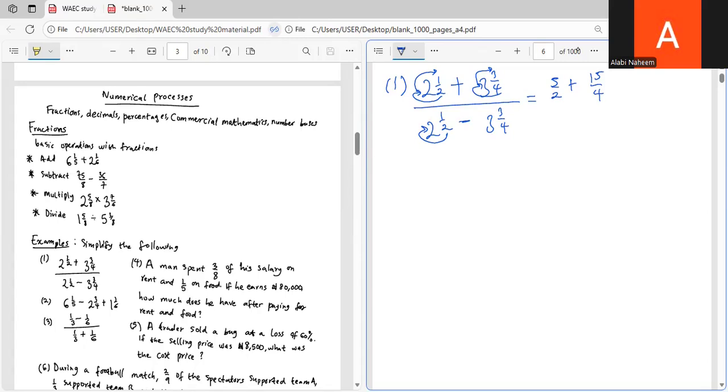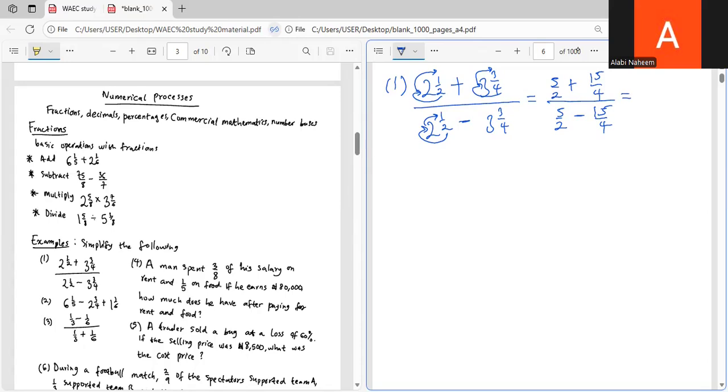We now add the result to the numerator, plus 1, that's 5. 5 over 2, then minus 15 over 4. Since at the top we have 3 whole number 3 over 4, it's that same number we have at the bottom. So both will be 15 over 4. So we don't have to do that again.